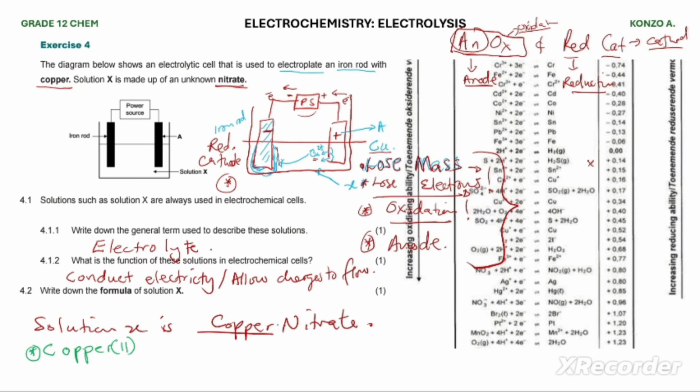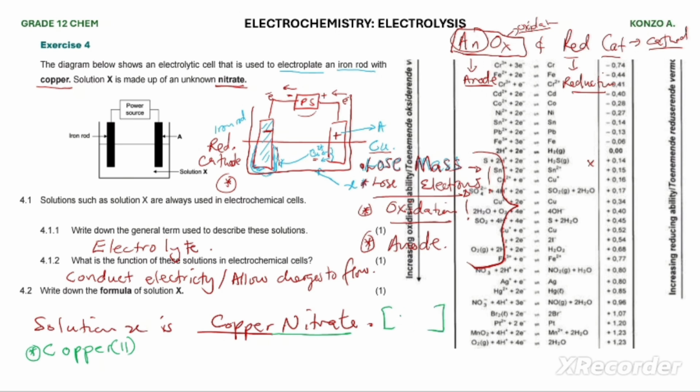So if you wanted to specify this, you could actually write copper 2. All right, no, not there. Copper nitrate is the name of this. What I wanted you to do here is to write this as a formula.